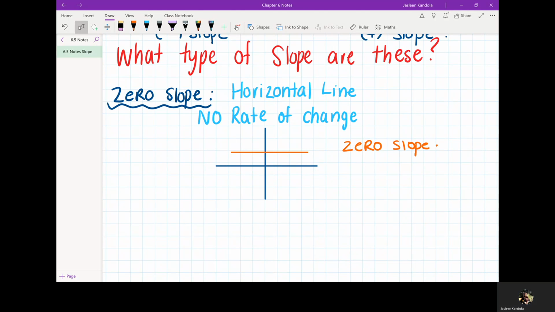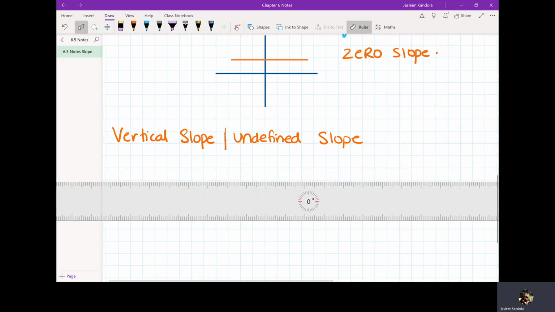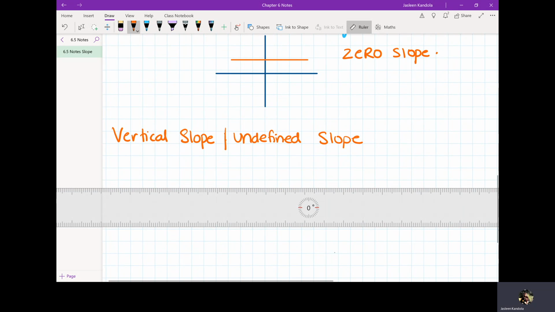And then we have a vertical, undefined slope. So how does that look like?